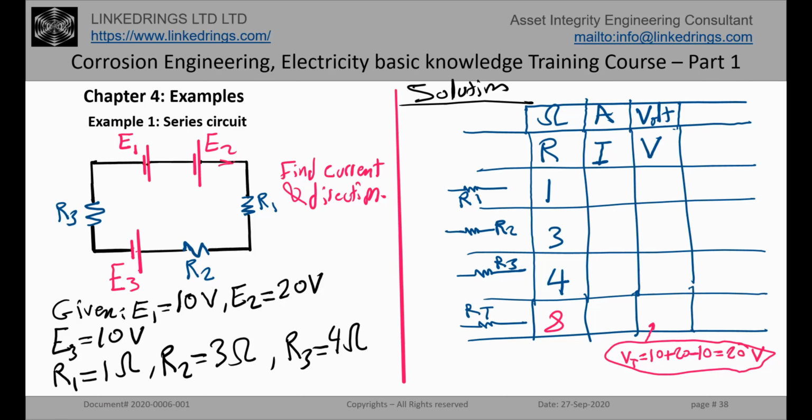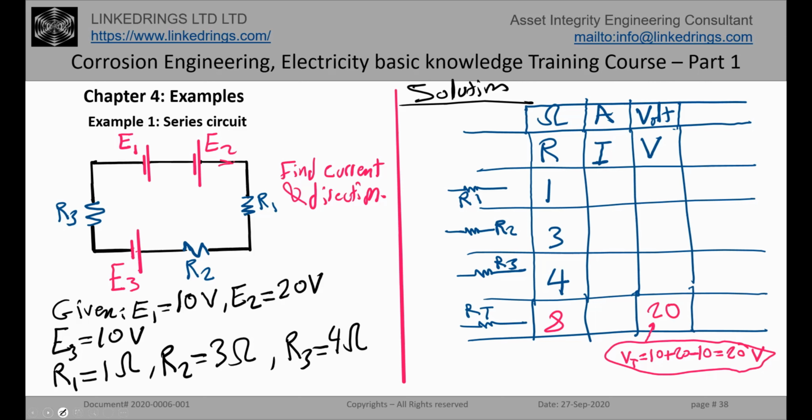So E1 is in my direction, E2 in my direction. So the total source voltage is equal to E1 plus E2. Then I go here to E3, it is in the opposite direction, so minus E3. So 10 plus 20 minus 10, so 20 volts. This 20 volts is the voltage here for the R total.